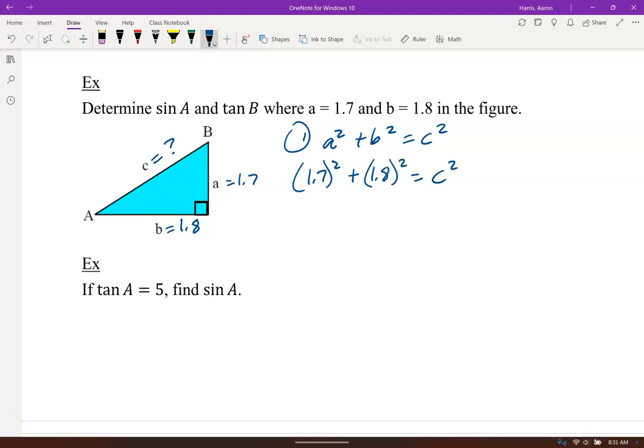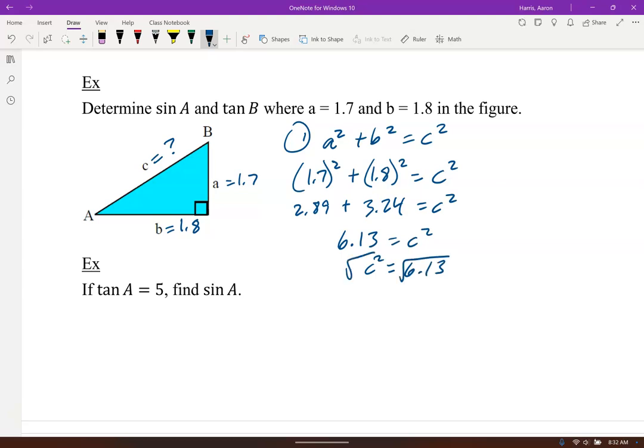Well, 1.7, let me punch that in. 1.7 times 1.7 gives us 2.89. 1.8 squared is 3.24. So those give us 6.13. So C squared equals 6.13.